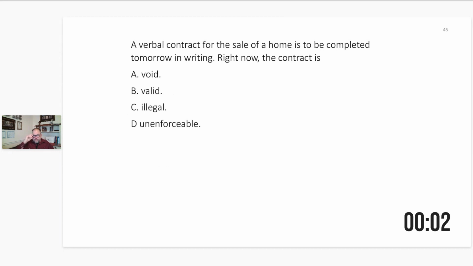Okay, good. Excellent. Looking for the key word, verbal. But wait, John, it says it's going to be completed tomorrow in writing. Has it been completed in writing yet? No, still verbal. So right now it's not tomorrow yet, and it's still unenforceable. Okay, very good. Awesome.